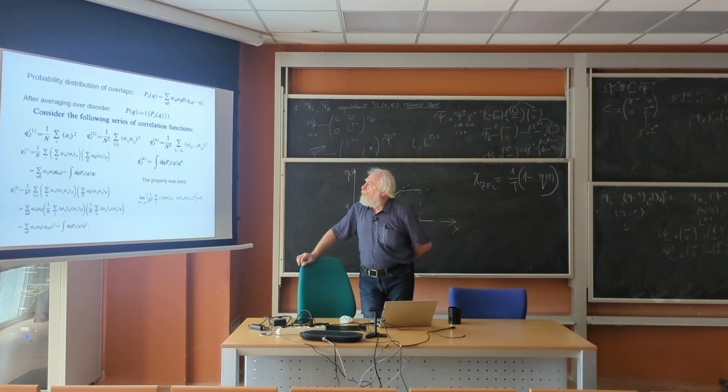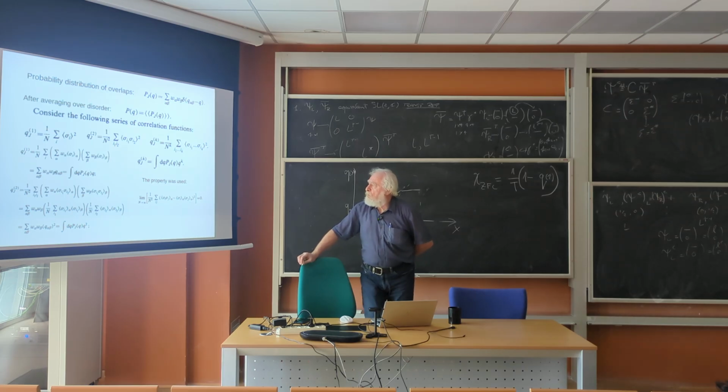Okay, so here what is written is the expression for this Q with subscript 1 or 2 or K, which is just a correlation function made out of K spins.